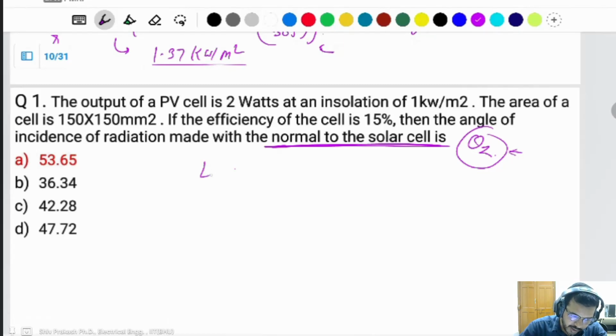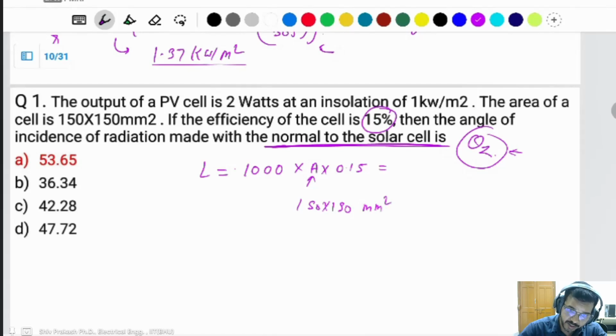Then you know L is the standard 1 kilowatt, given as 1000 watt per meter square into area. The cell efficiency is given as 15%. Area is 150 into 150 square.